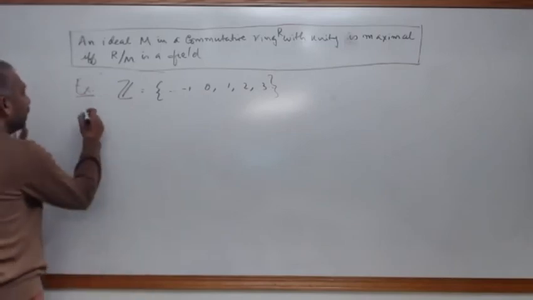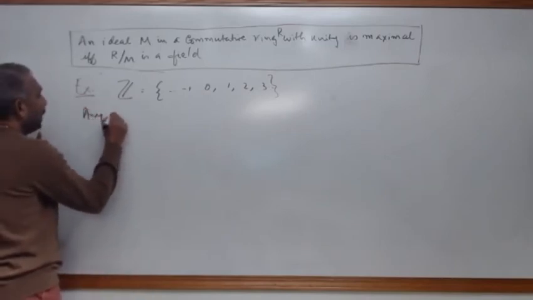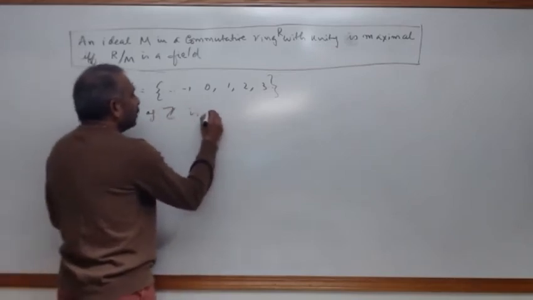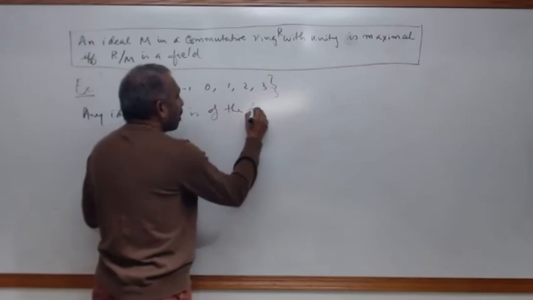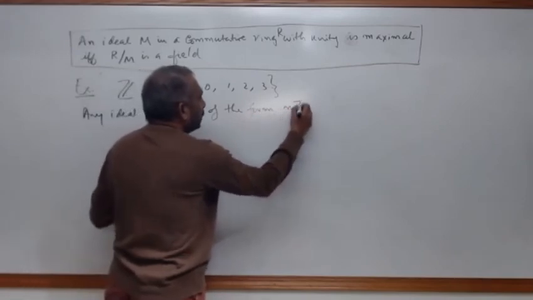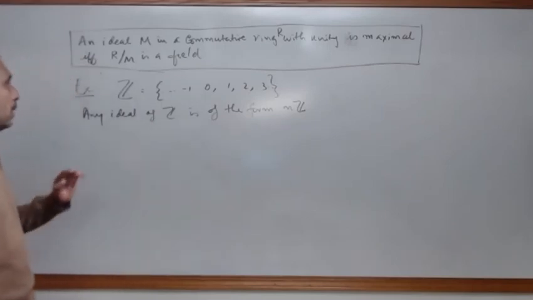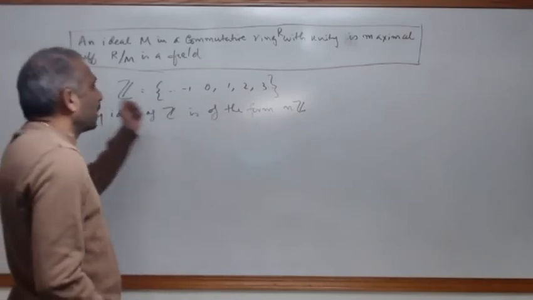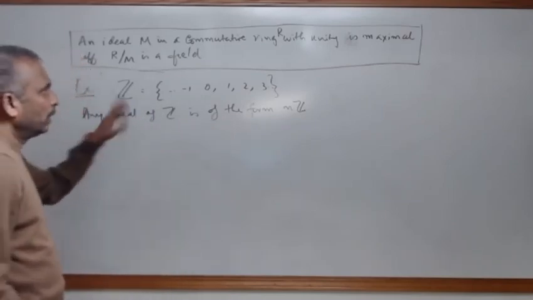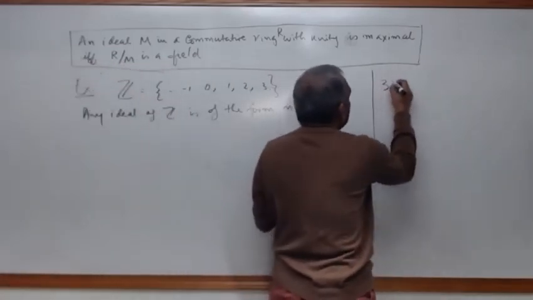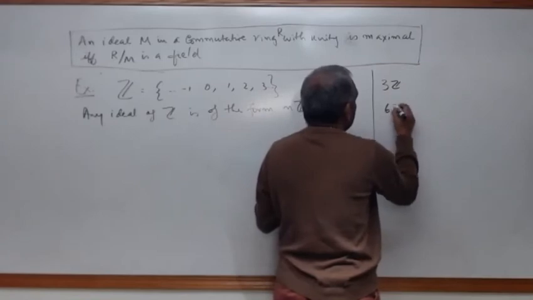Any ideal of Z is of the form nZ. But not all the ideals are maximal. Let's take an example here. 3Z and 6Z.